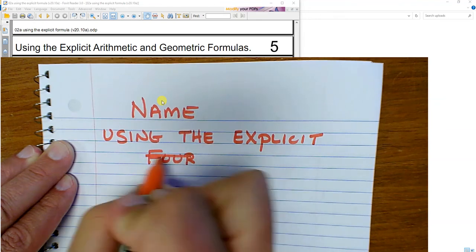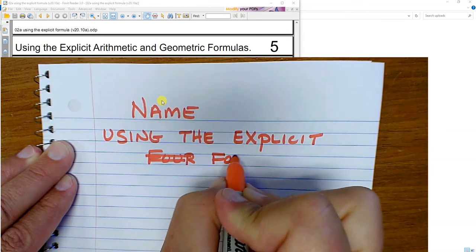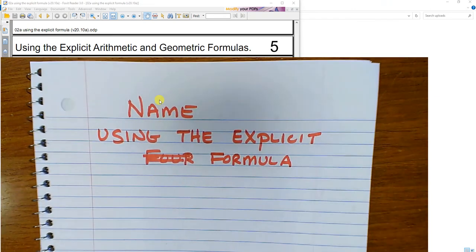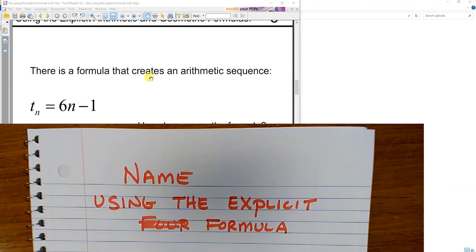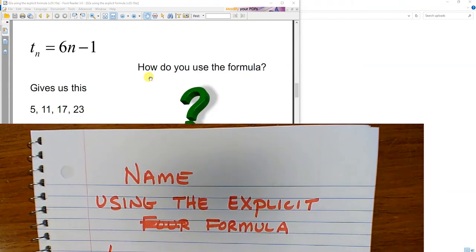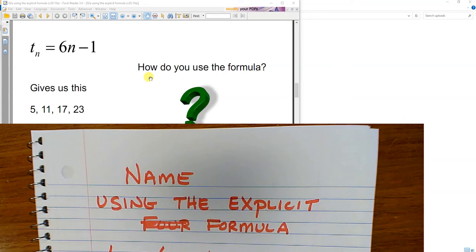Not 4. So somehow this function creates this sequence.